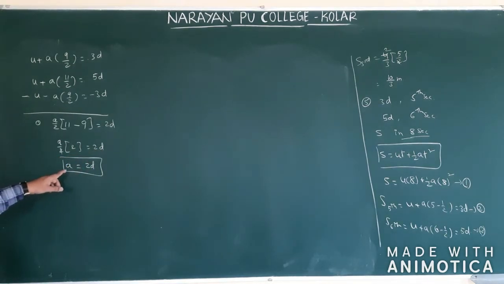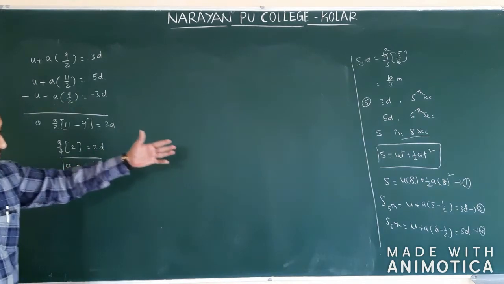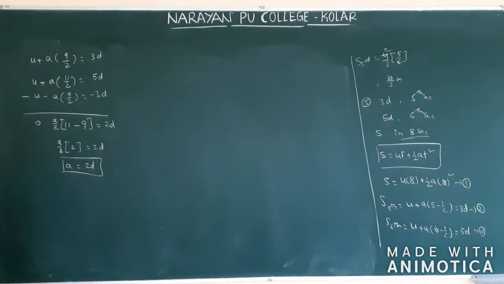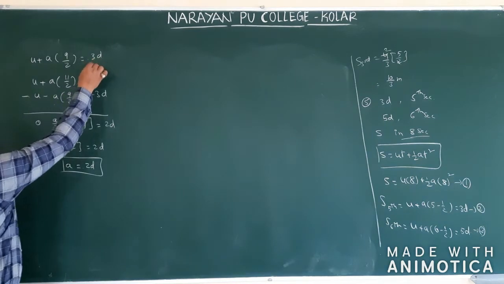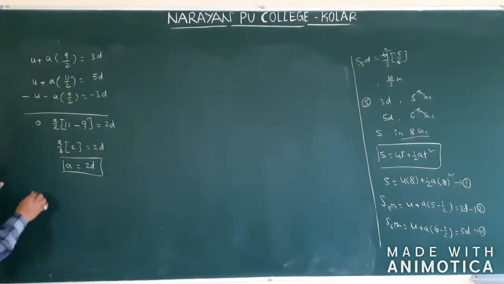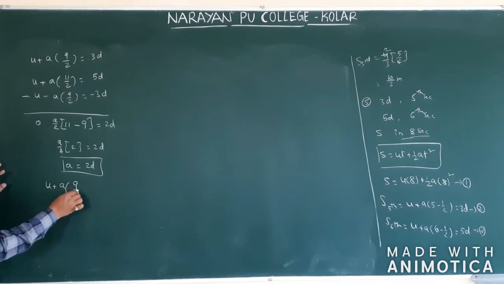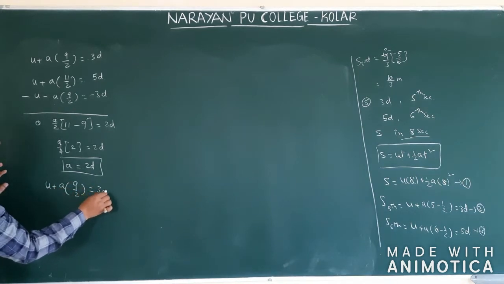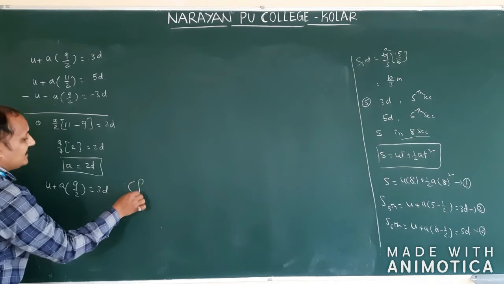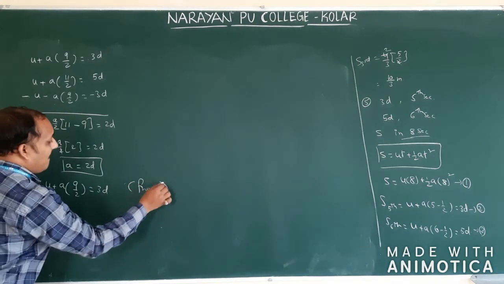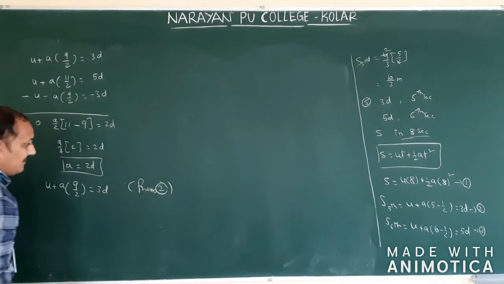This is the acceleration. Now substitute this a in equation number 2 or 3, then you will get u. You can substitute in this equation or in this equation, that is your wish. u plus a into 9 by 2 is equal to 3d, from equation number 2.